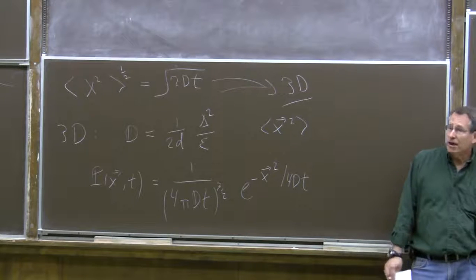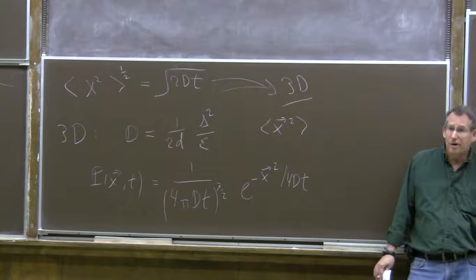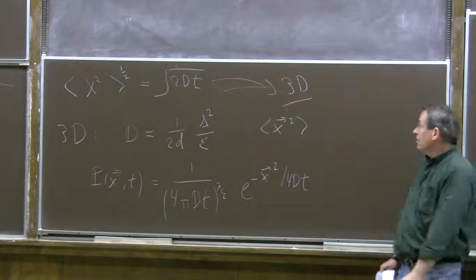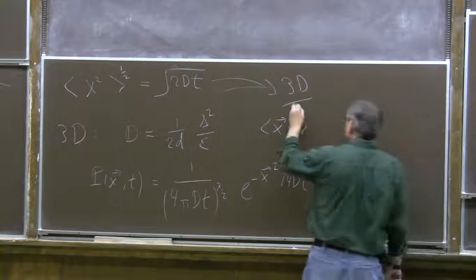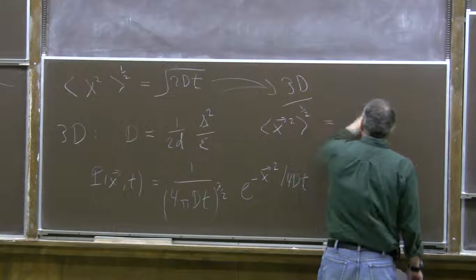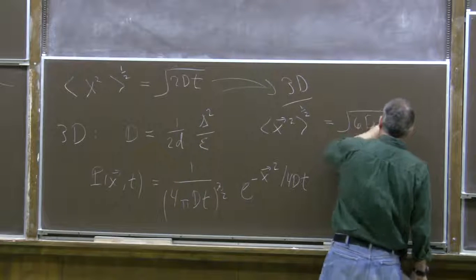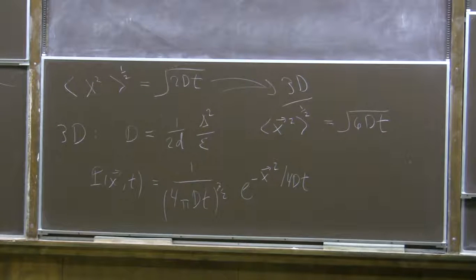It's just the mean value of x squared, the mean value of y squared, and the mean value of z squared. So the mean values all grow like 2Dt, and they add up. So if I take the square root, I'll now have the square root of 6Dt. So again, the distance from the origin grows like the square root of the time, and the coefficient of that square root of time is determined by the diffusion constant.